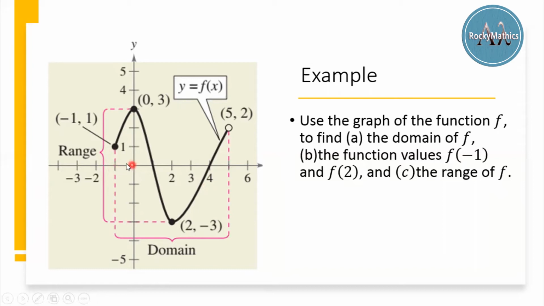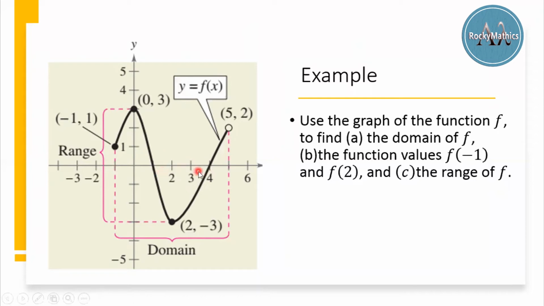This is 0, this is -1, -2, -3. So the graph lies on the x values, or is continuous on the interval, from -1 to 5. Meaning this is the specified domain in this graph.